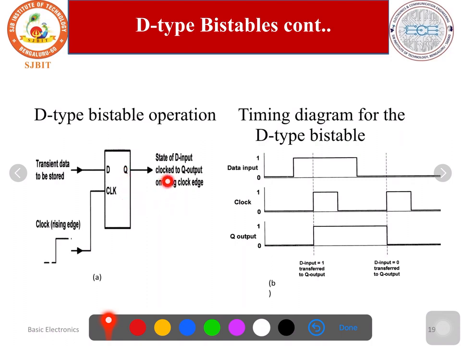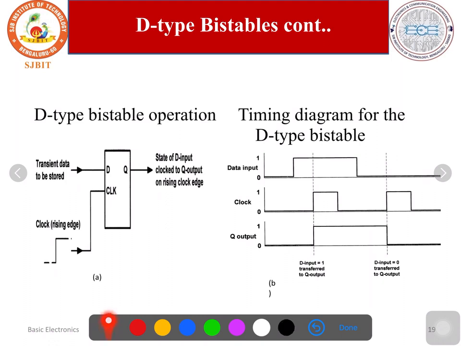The output changes only when there is a rising edge of the clock pulse, that is, whenever it changes from 0 to 1. Then only the output will change according to the input. Otherwise, there will be no change.